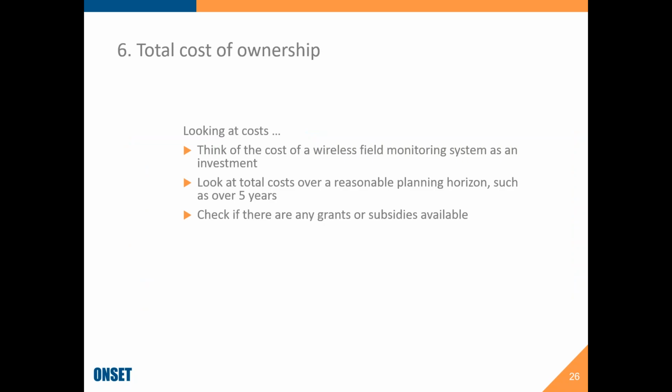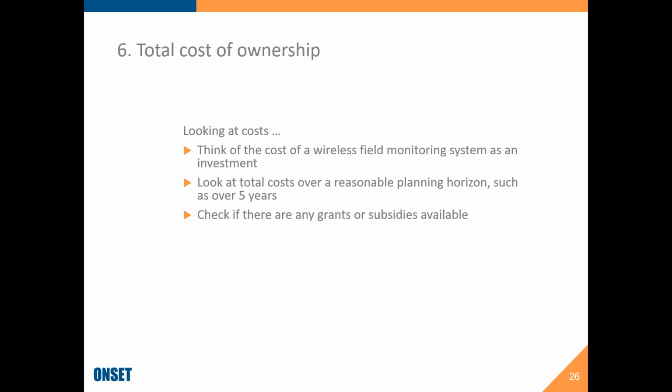Another factor, which I guess probably everybody knows, when you're comparing different systems, is you want to look at the cost. Before getting into the details of areas to look at, I just wanted to frame the discussion. Think of the cost of a system as an investment. This is hopefully going to protect your crops, protect your research, and allow you to do better research.